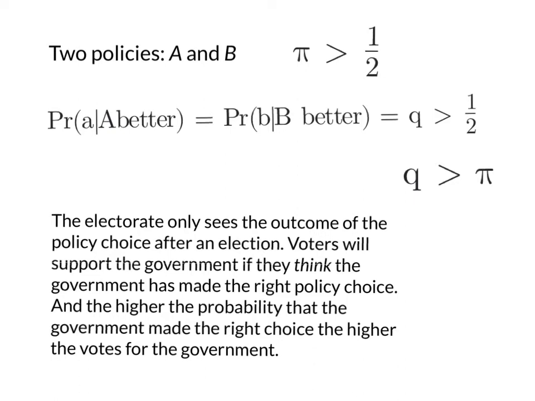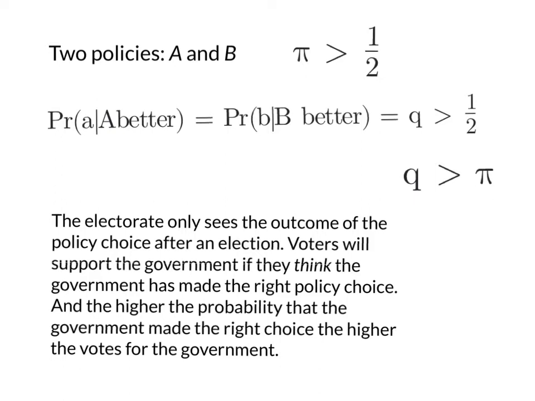They're then going to know that the government receives private information, but the government has a whole lot of access to information that the general electorate don't have. They're going to see the government choosing a policy, and they're going to support the government if they think the government has chosen the right policy.